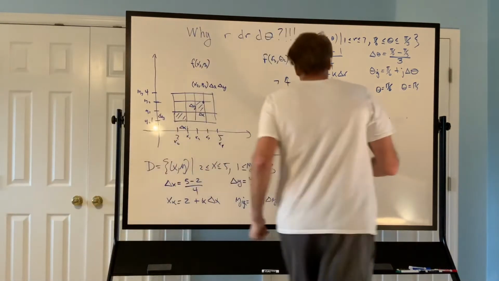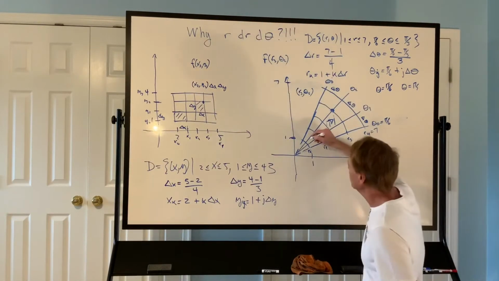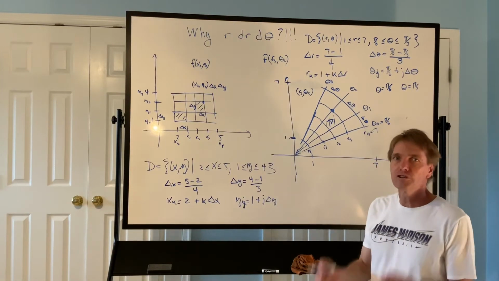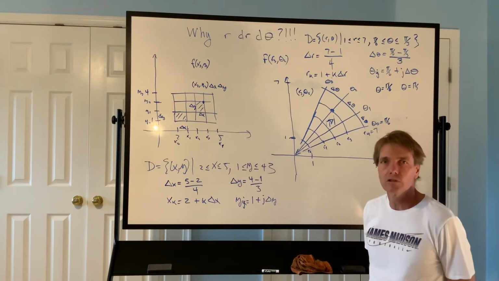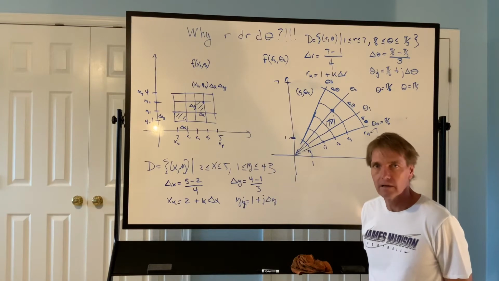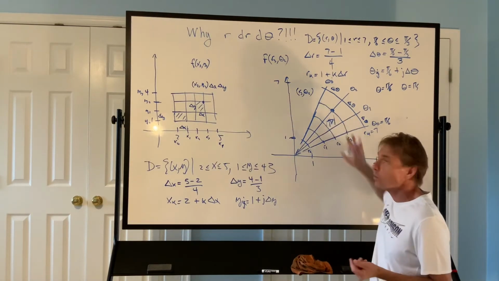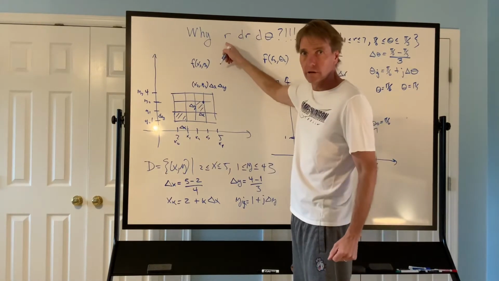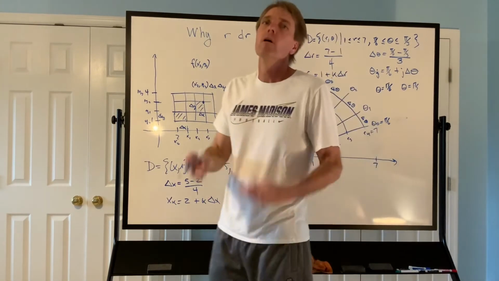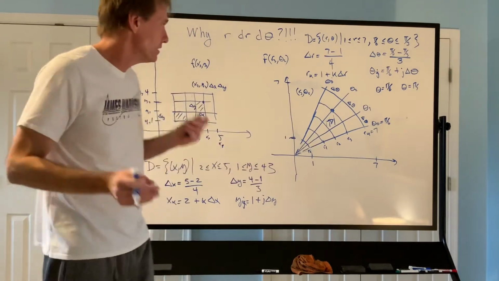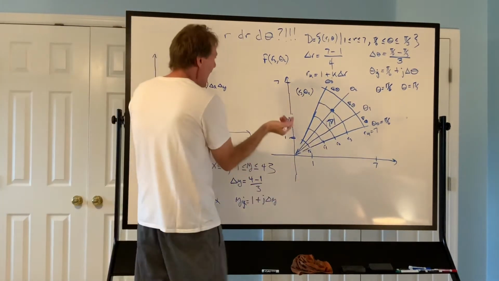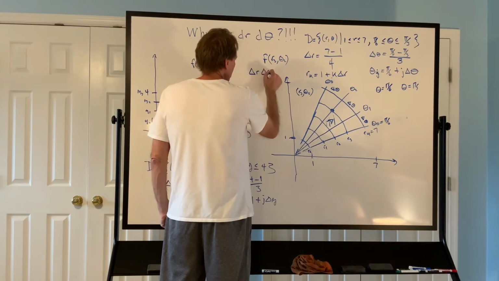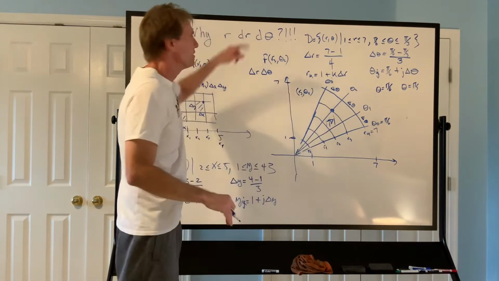But if I look at this piece here versus that piece there, there's no way that's the same area. And that's what's forcing the R to be in our approximation R dr d theta. So we're going to ask, what is delta R times delta theta, and where does this come in?